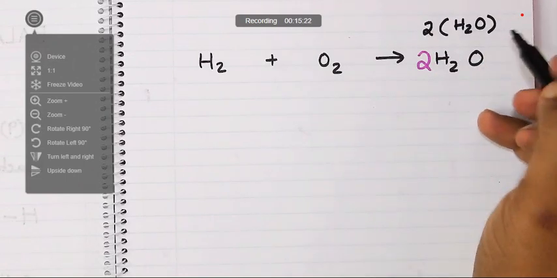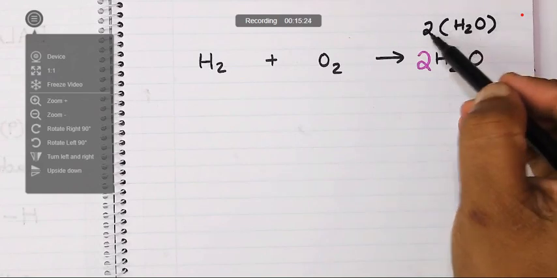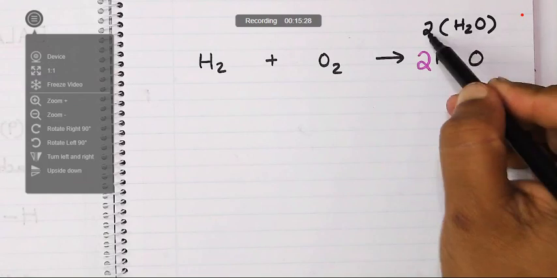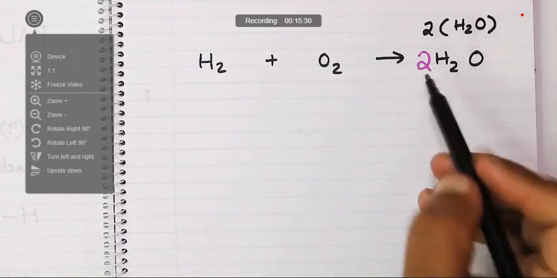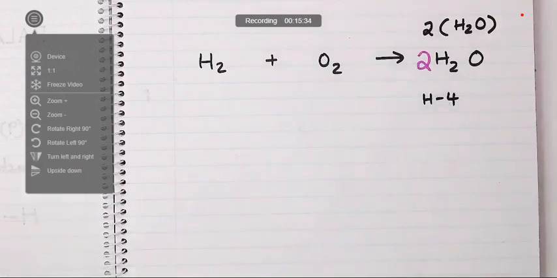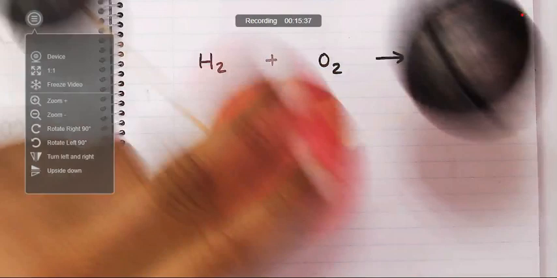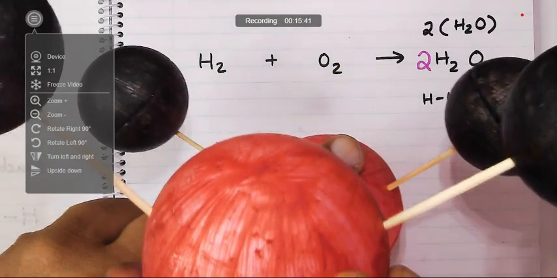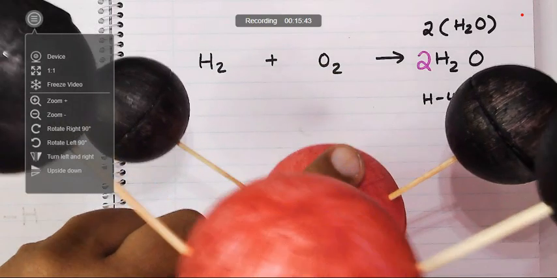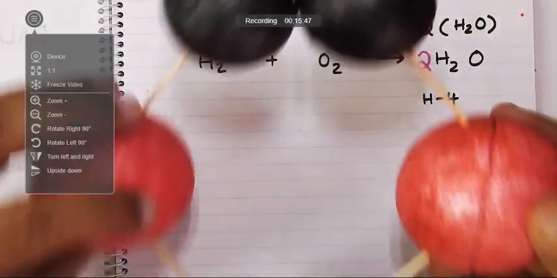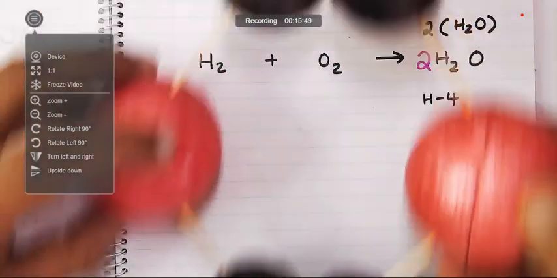If you use this bracket, it will be more clear that this 2 belongs to both of them. So 2 times 2, your hydrogen will be 4. And you have seen in our demonstration that in this water molecule you have 2 hydrogen, in the other water molecule you have 2 hydrogen. So you have 4 hydrogens here. Let me put them together. You can see that we have 4 hydrogens here.